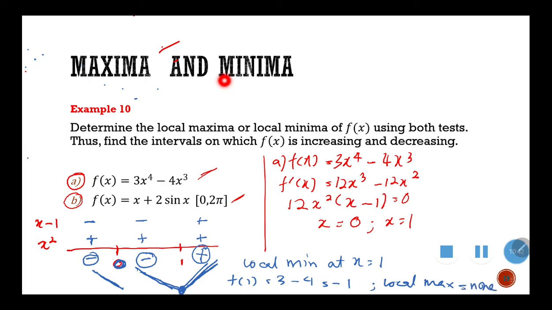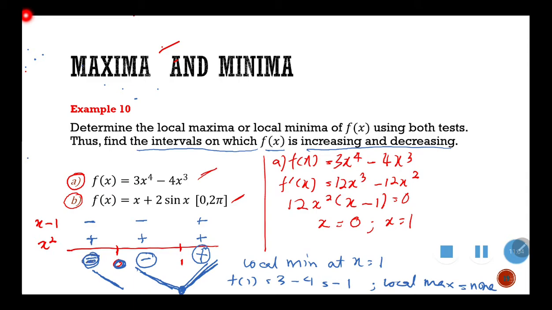And then the question also asks you to find the intervals of which f(x) is increasing or decreasing. So untuk determine whether it's increasing or decreasing, maksudnya kita tengok je lah sign kat sini.